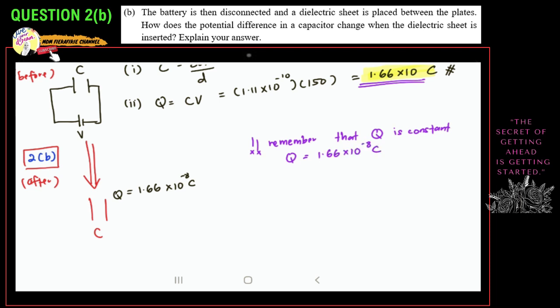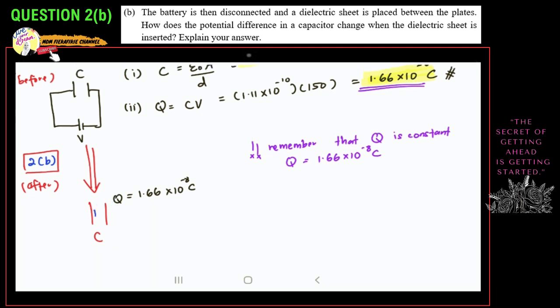Now look at the question. What does the question ask? How does the potential difference in a capacitor change when the dielectric sheet is inserted? We have dielectric material here.